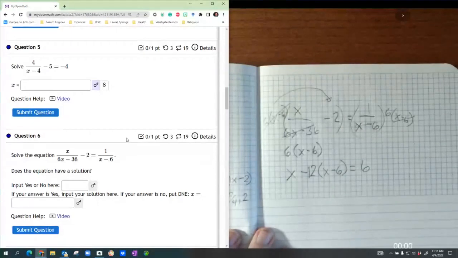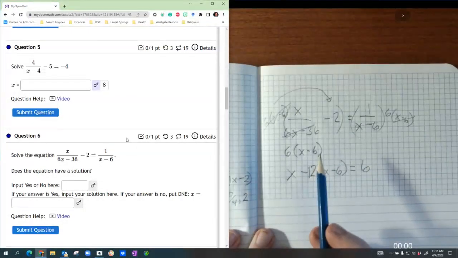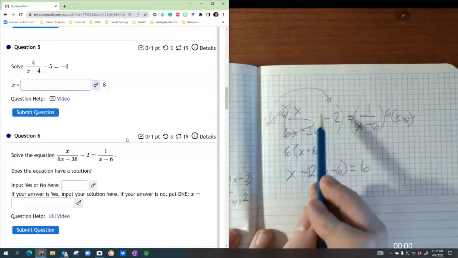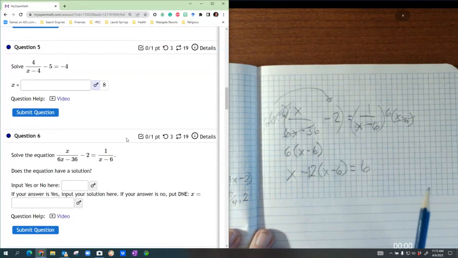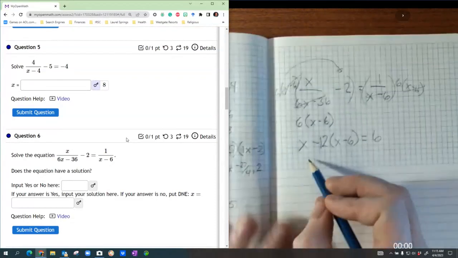All right. Now, that's a little trick that's pretty simple if you realize all you're doing is multiplying this 6 times this negative 2, and that's why the negative 12. Now I want to do the distributive property.